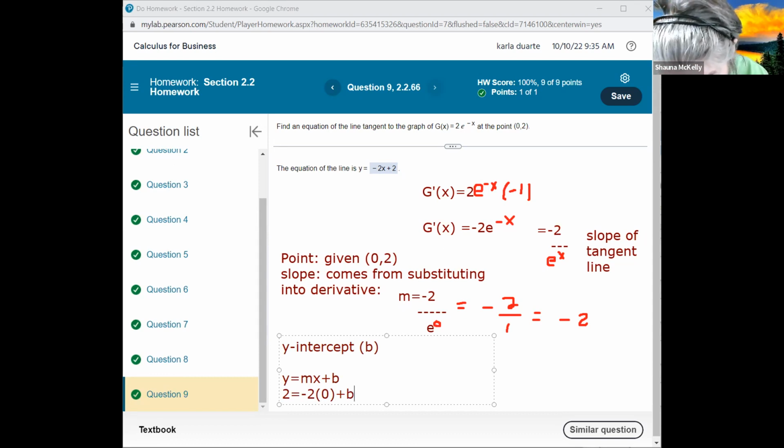And in this case, I have this equation here. 2 equals, remember, -2 times 0 is 0. So I basically get b equals 2. Now, if b equals 2 and m is -2, then when I go to plug this in, y equals mx plus b, I end up with y, because now I'm writing the equation, m is -2x plus 2.